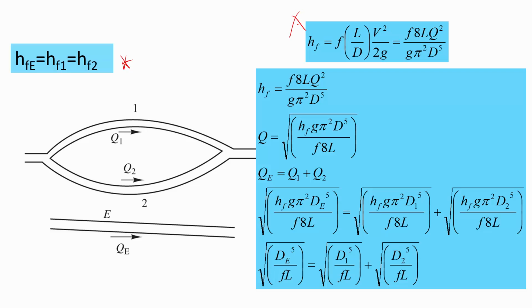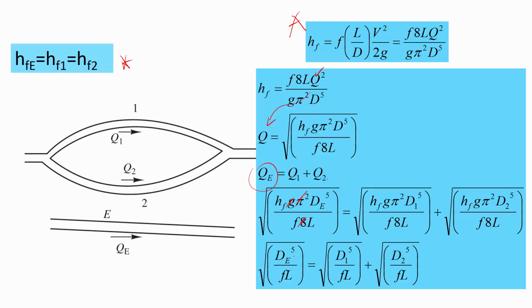So we use again the Darcy-Weisbach expression, and we have it in terms of the flow rate, and just solve the expression for the flow rate, and then we know that what is added is flow 1 plus flow 2, for the equivalent flow rate, and we have sort of the same expression, and now everything that is the same will also be cancelled. The A, the pi, the g.